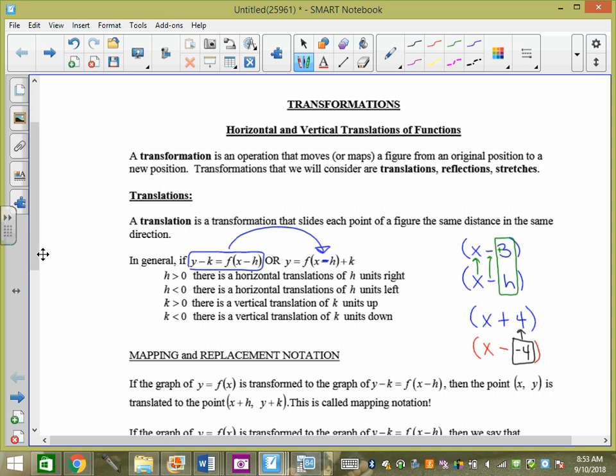The way you say it always is: horizontal translation of 3 units left, horizontal translation 4 units right, vertical translation of 6 units up, vertical translation 6 units down. You have to say it like that, okay? You can't just say 6 units down. You have to say vertical translation 6 units down, okay?